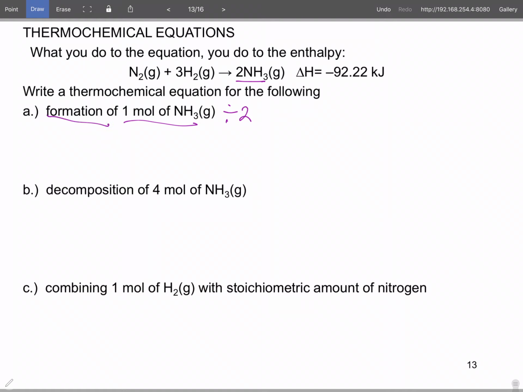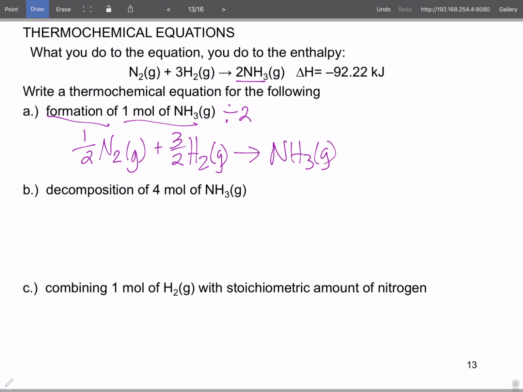And we're still forming it, so that means ammonia is still a product, so we're good to go. So that means that it becomes 1/2 N2 plus 3/2 H2 yields NH3 gas. So remember, we divided the equation, so we're going to have to divide the final value.